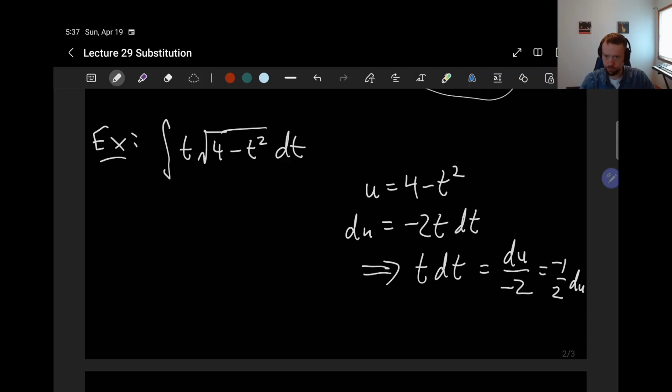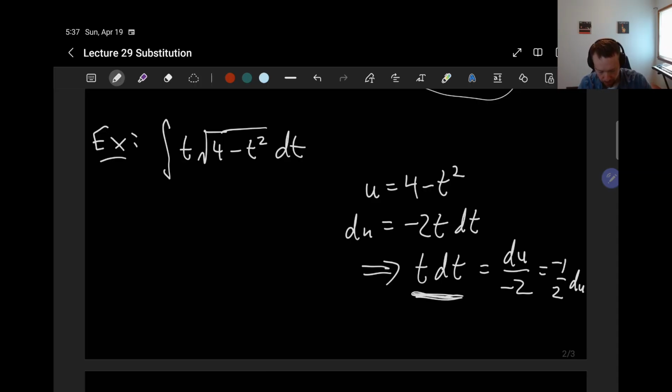All right. So my du doesn't have to perfectly match what we see in the integral. It's okay as long as the only difference is times a constant, like times negative 2. When that's the case, you can just rearrange things a little bit.